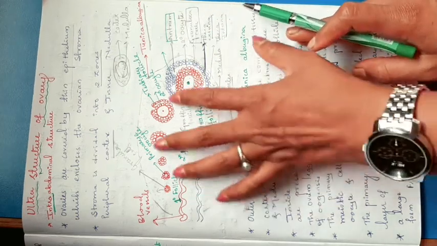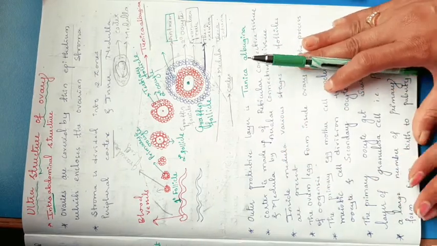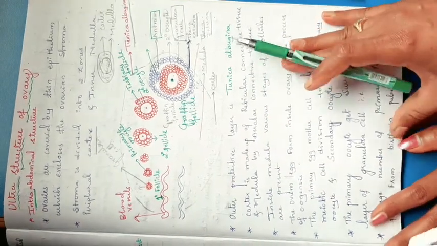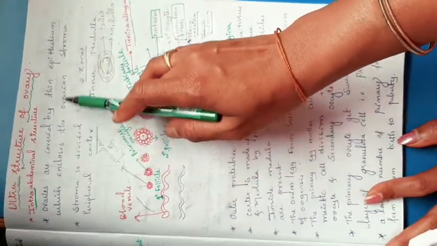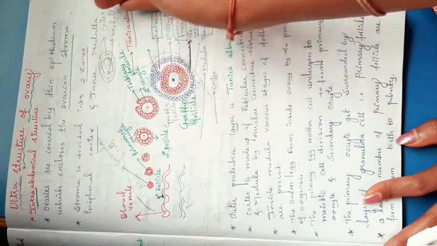Okay, this is the structure of the ovary. Now we can discuss the points. Ovaries are covered by a thin epithelium which encloses the ovarian stroma. We already discussed this one.